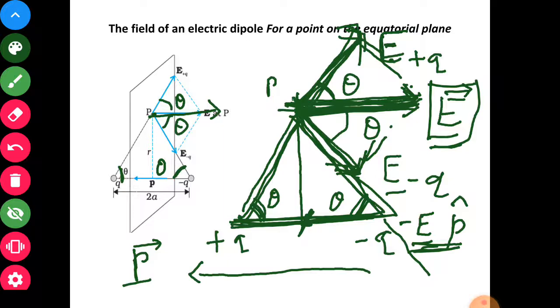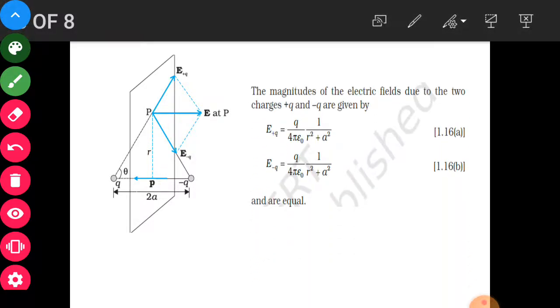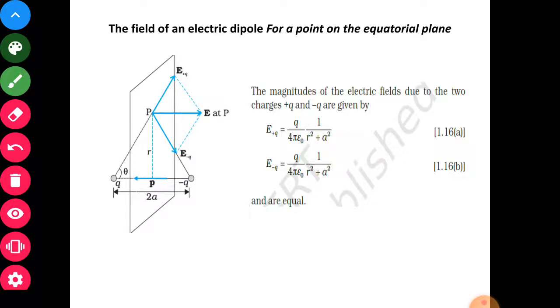Now we proceed further. The magnitude of the electric field due to the two charges, plus q and minus q, is calculated first. Now we want to find this distance.